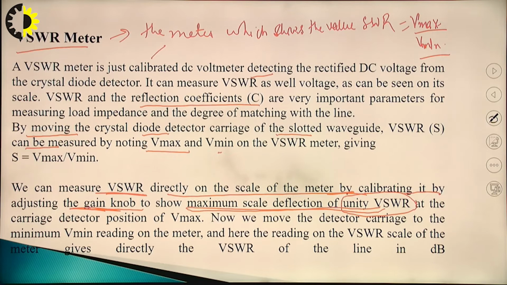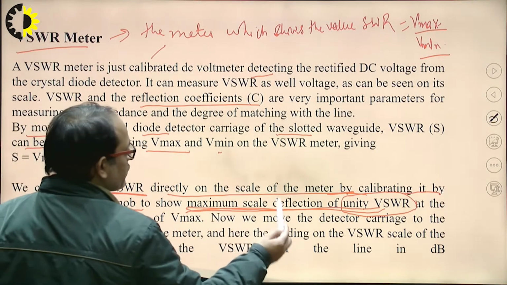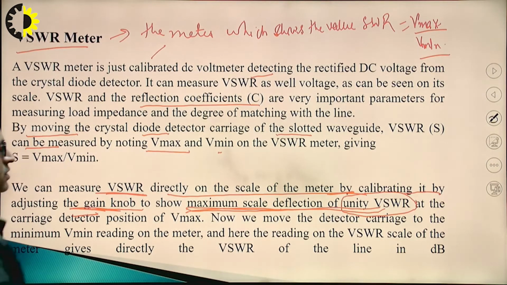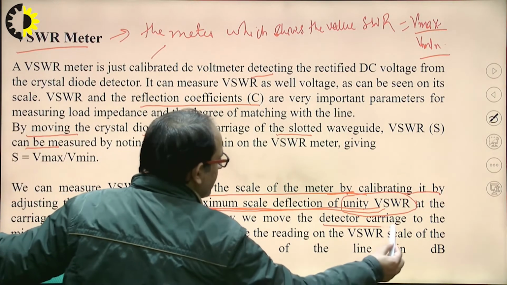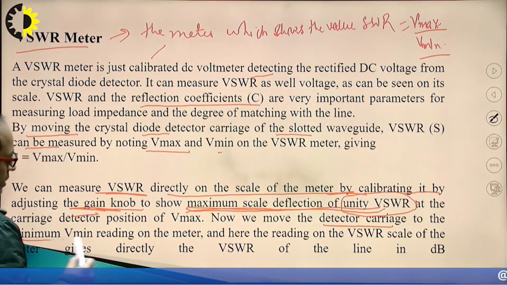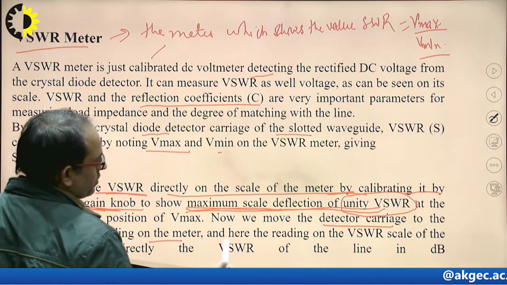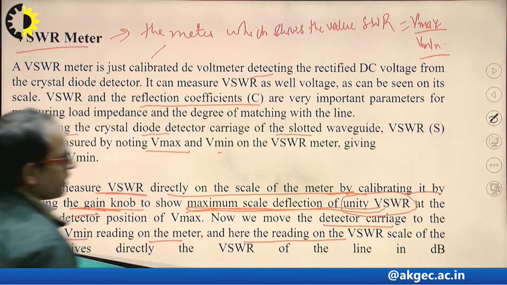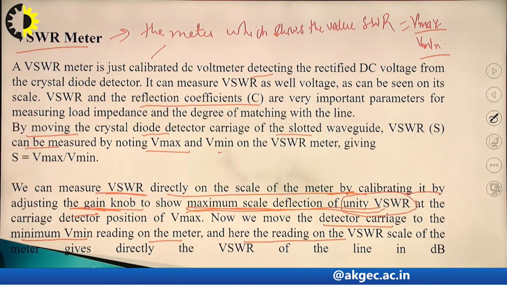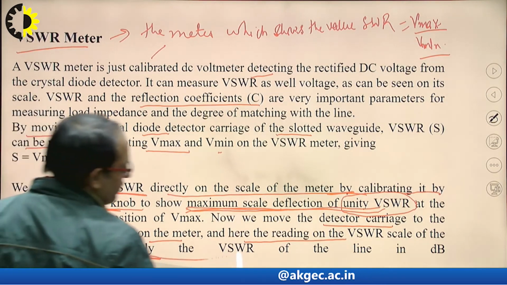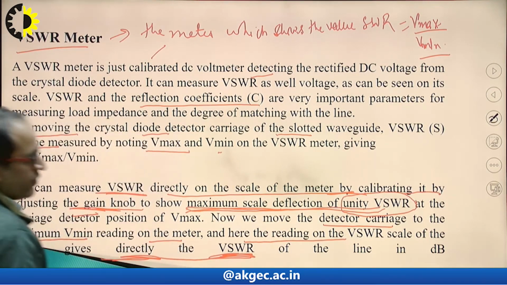Now, when I have moved the slotted line section so that the maximum scale deflection is obtained, I will also move the detector carriage to the minimum value on the meter, and this reading on the VSWR meter defines the value of the VSWR.